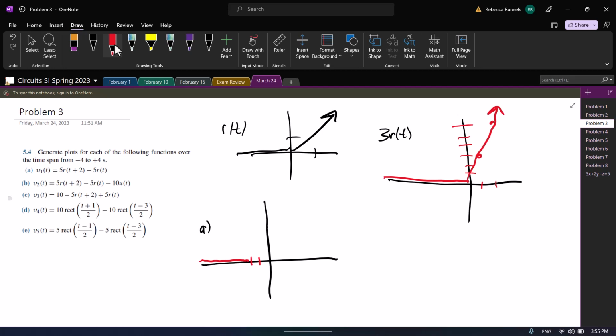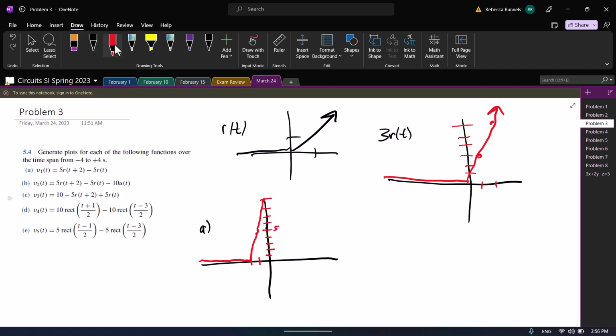And in this one, we've translated, our first spot is at -2. So we go to -2, and then that adds a slope of +5. So it goes over 1 and up 5. And it would just keep that slope until something else happens.